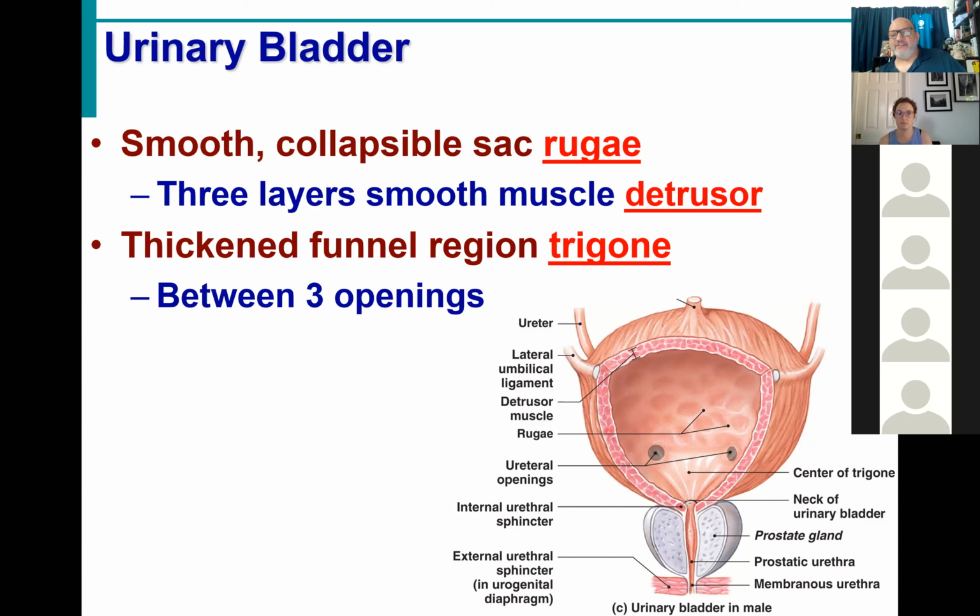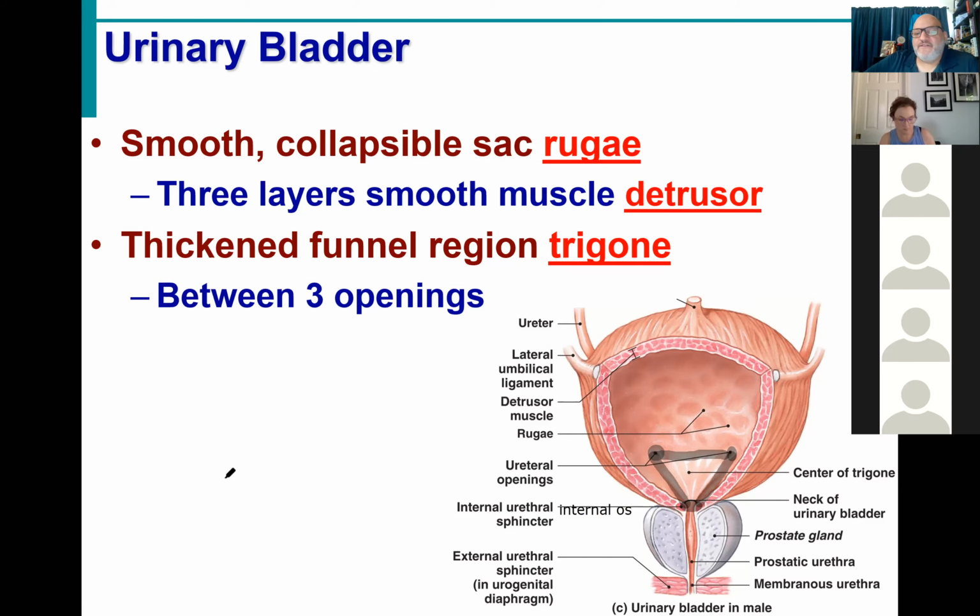But we also have the singular urethra, so we have the internal os of the urethra as well. I make a point of emphasizing this because not only are there 2 ways in and only 1 way out, just like the Thunderdome, but notice also that there is this thickened region of the bladder forming a triangle between them.